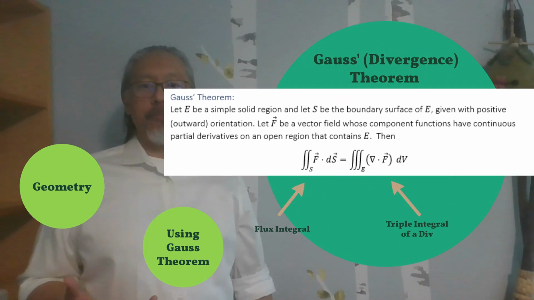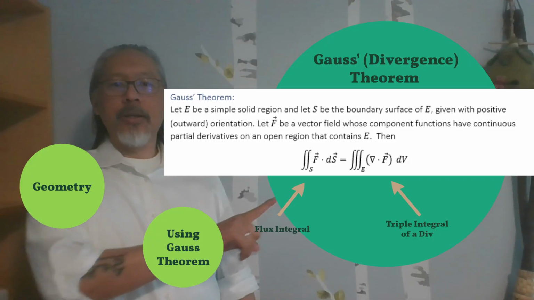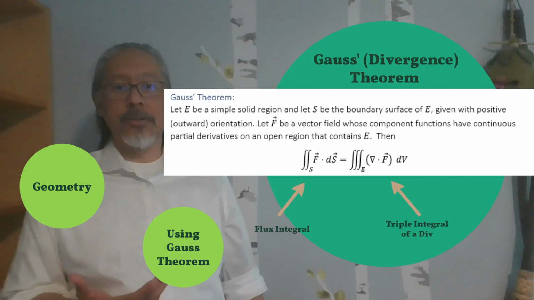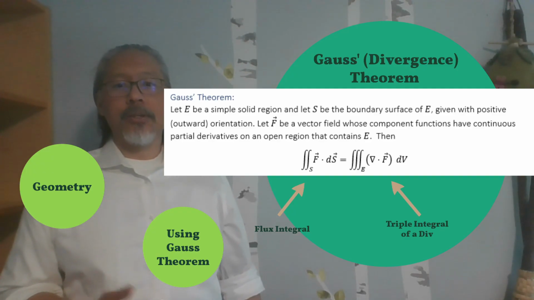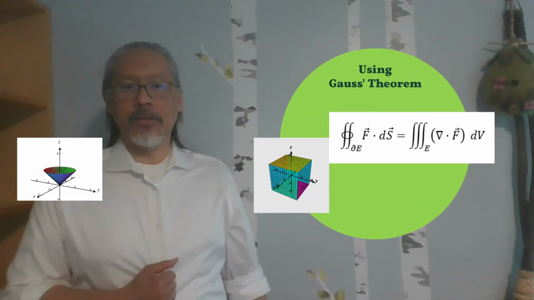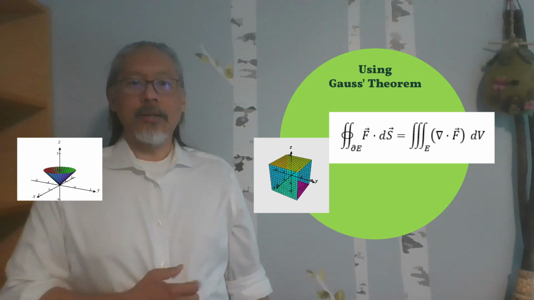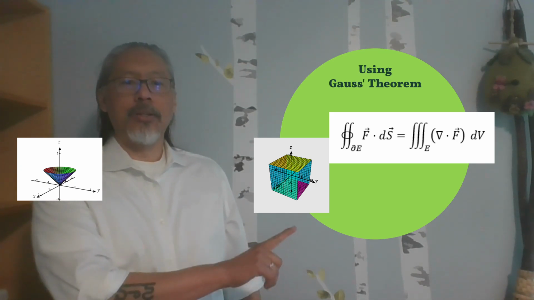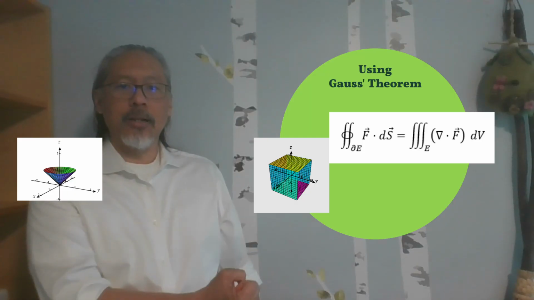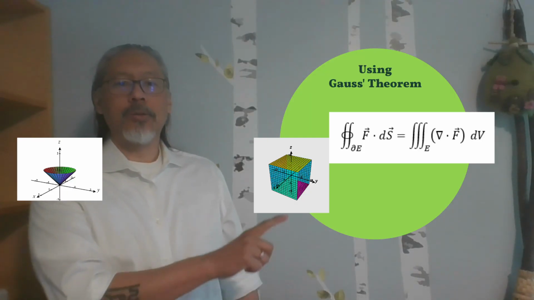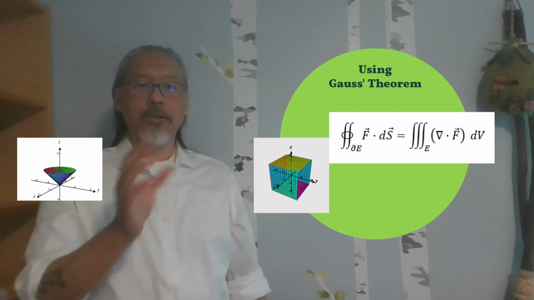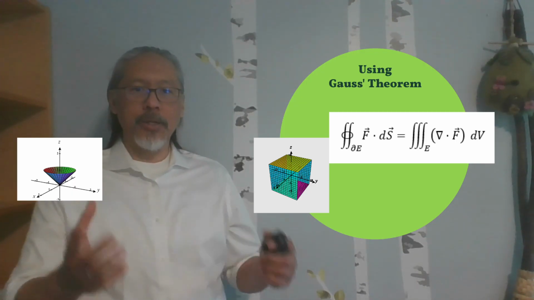And so that's the geometric motivation for what's happening in Gauss's theorem. Now, aside from computing each of these sides of the integral and showing that they're equal, one of them might be easier than the other, as we'll see. So let's take a look at how to apply Gauss's theorem. Gauss's theorem, again, says the triple integral of a divergence over a solid region is equal to the flux integral of the original function over its boundary, and the boundary has to be a closed boundary.